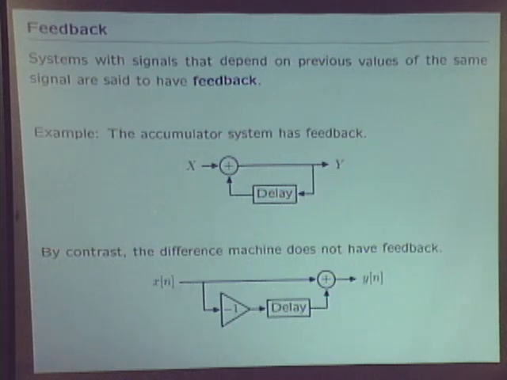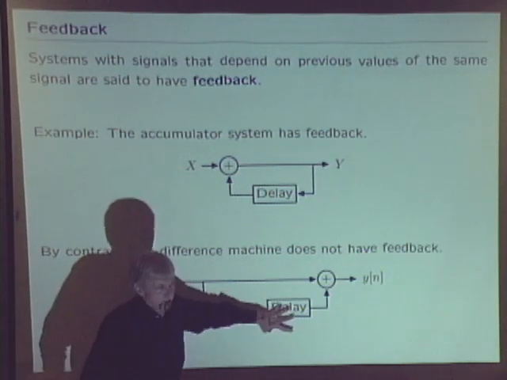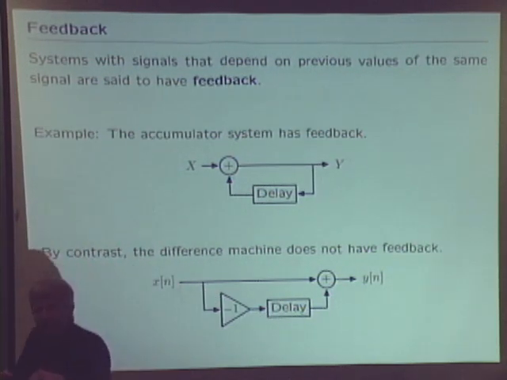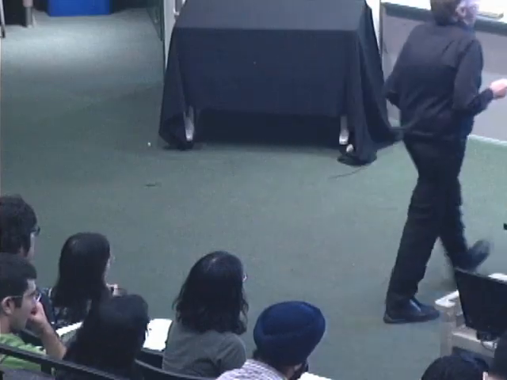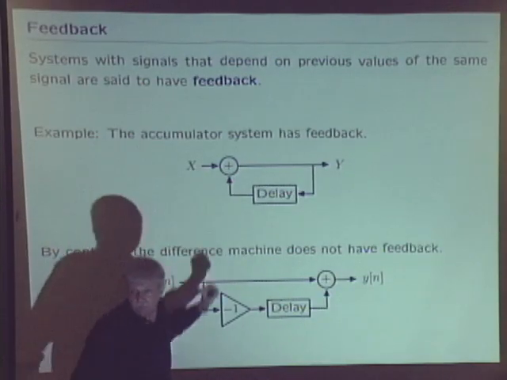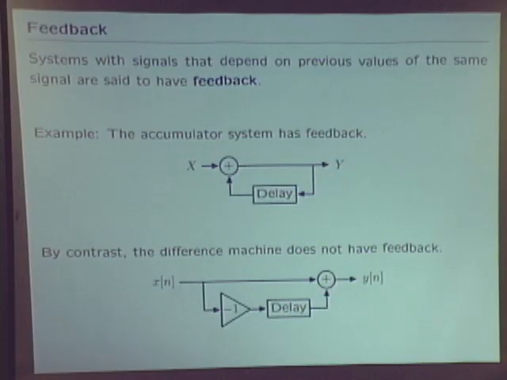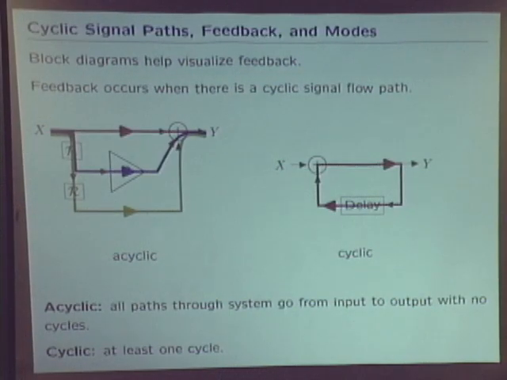So the overriding feature of this system was that it was not a recipe, it was a constraint. The feature that made it that way is something we'll call feedback. And we'll be able to visualize feedback very simply by looking at the block diagram. Feedback means that there's a cycle somewhere.